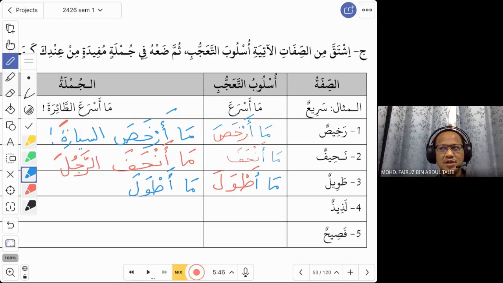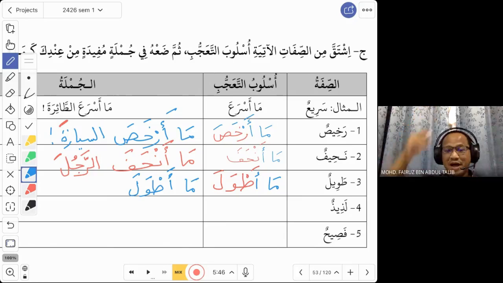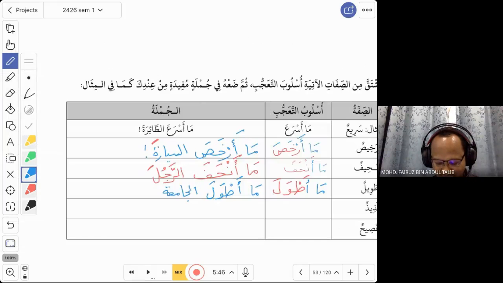So you want to say the university is very, very tall. Normally for the university we say ma awsa'a, ma akbara. Ma atwala is very seldom, but the sentence is correct. Or maybe you can say ma atwala al-burj.